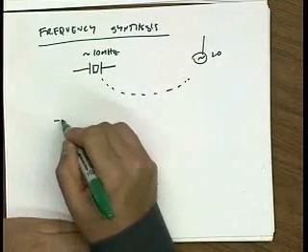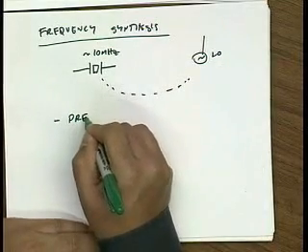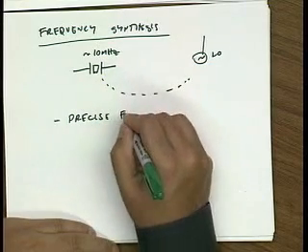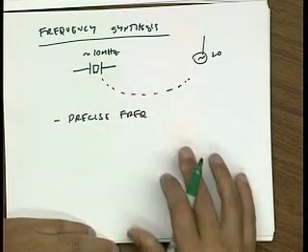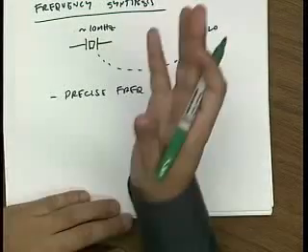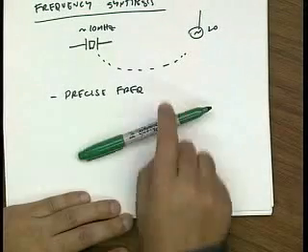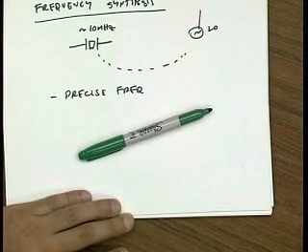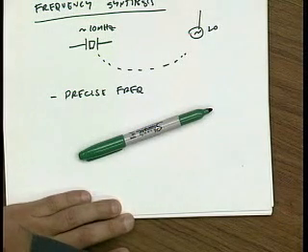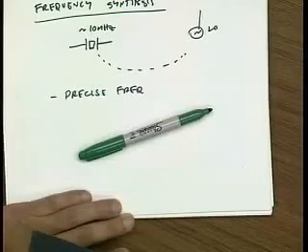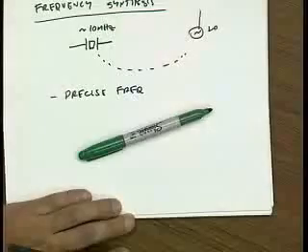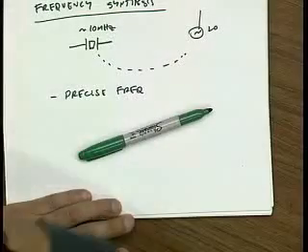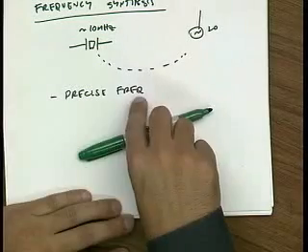We need a precise frequency reference, right? So when I tell you let's communicate at a frequency of 1.001 gigahertz, somehow you guys have to be able to synthesize 1.001 gigahertz. If you build an LC tank, there's no way you're going to hit that resolution. It's going to be moving all over the place. So you need a precision.